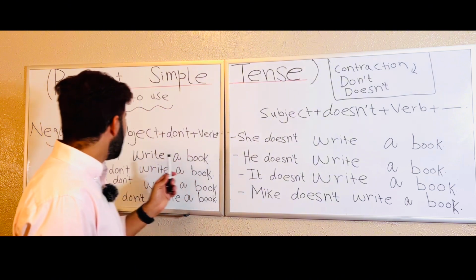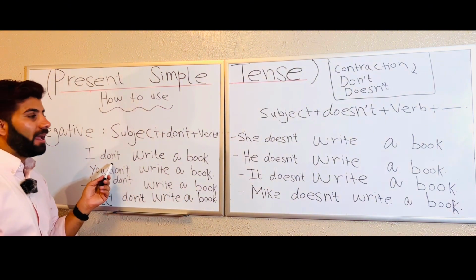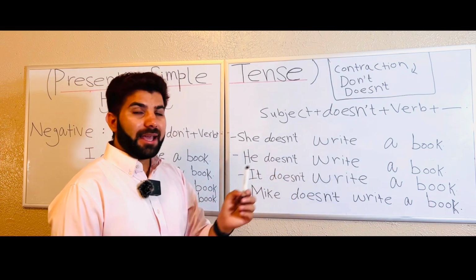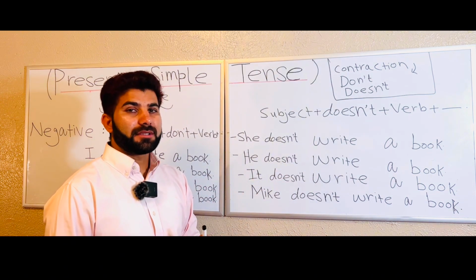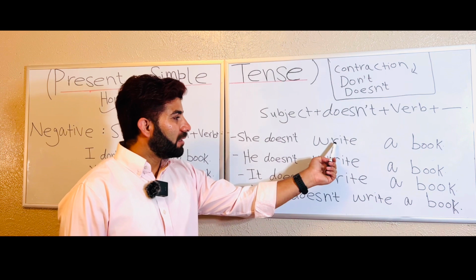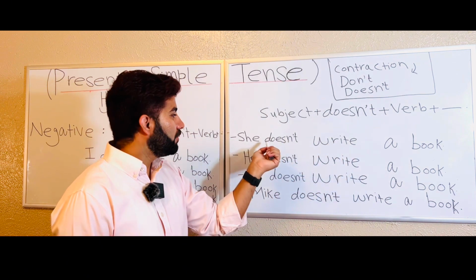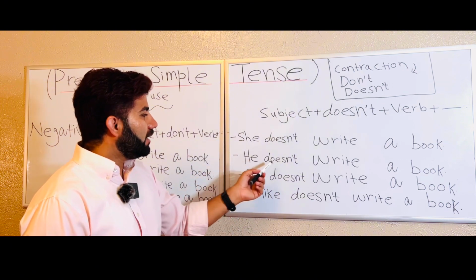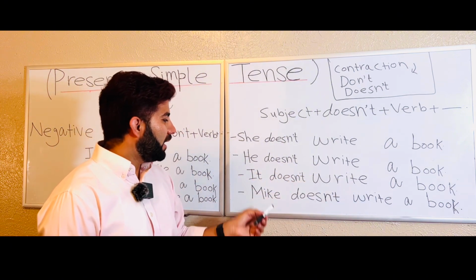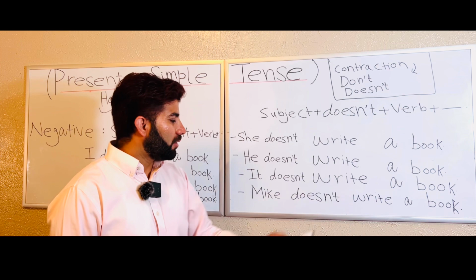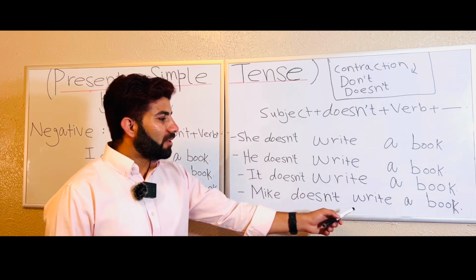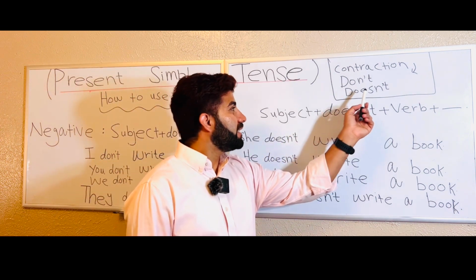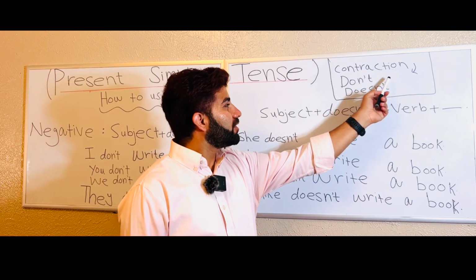Before, we were using do and now we're using does. The reason is the s or es, which was behind the verb, jumped to do and does. He doesn't write a book. It doesn't write a book. Mike doesn't write a book. So this is called the contraction form.